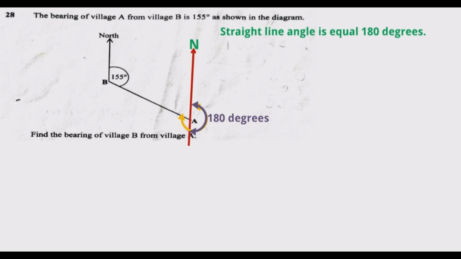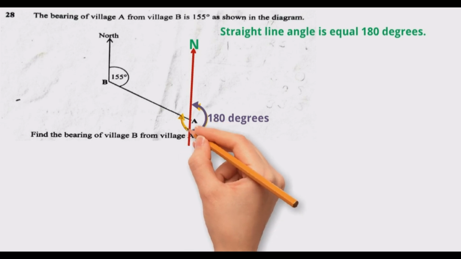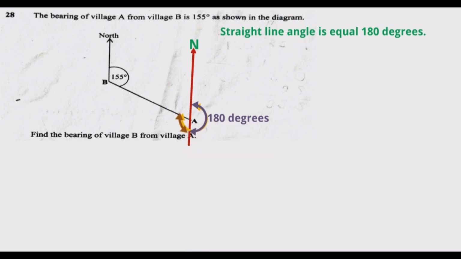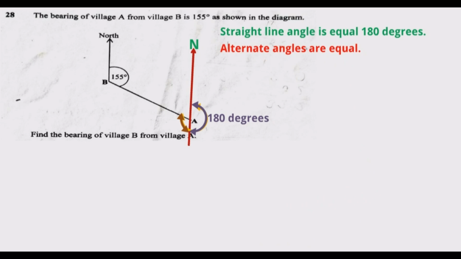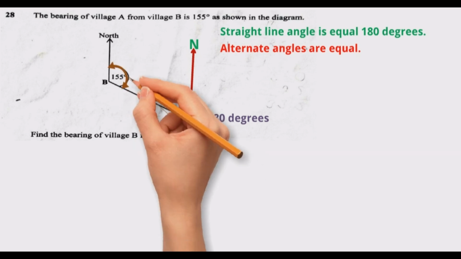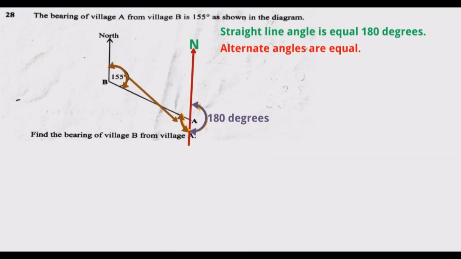Now we are remaining with this angle here, the one I've put in brown. How do we find this angle? We're going to use the property that alternate angles are equal. This angle is equal to this angle, which is 155 degrees.